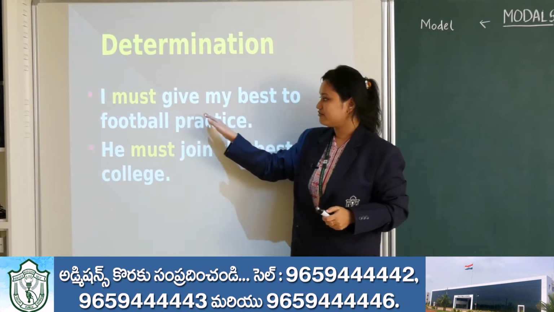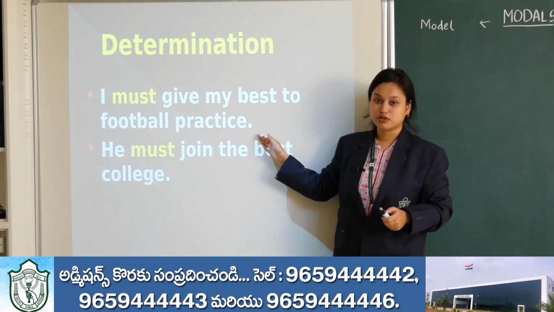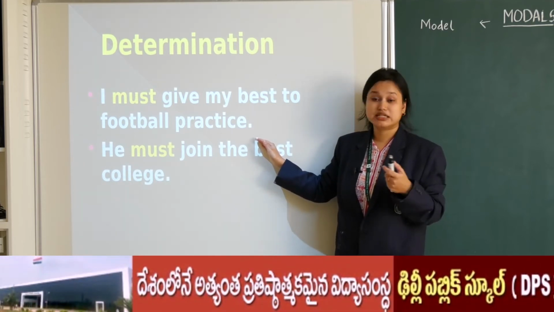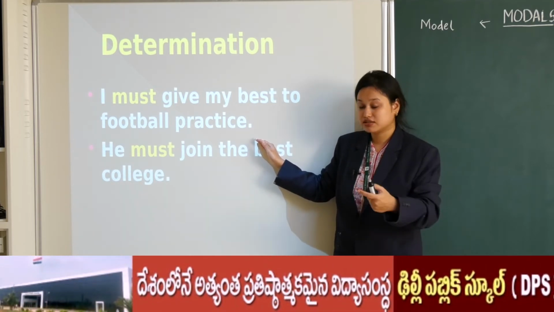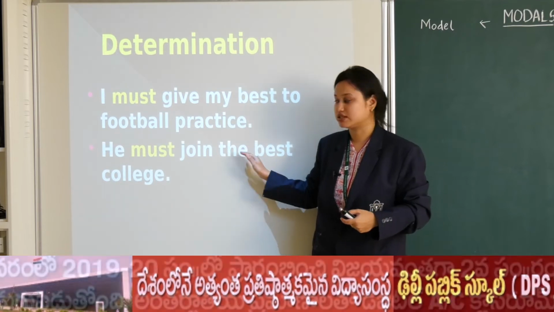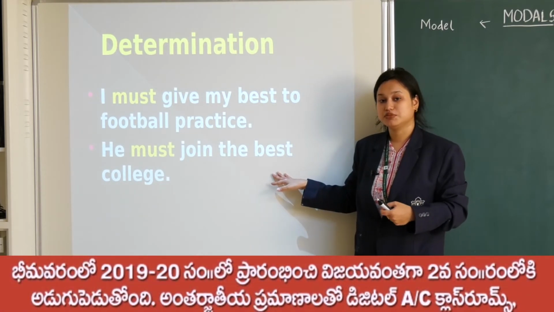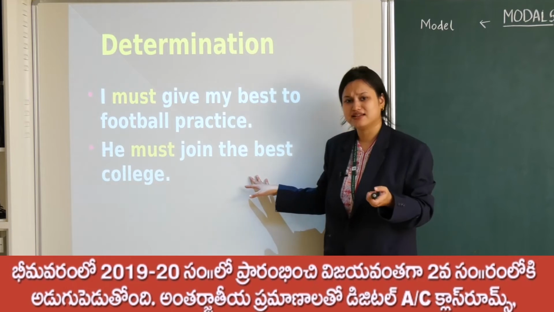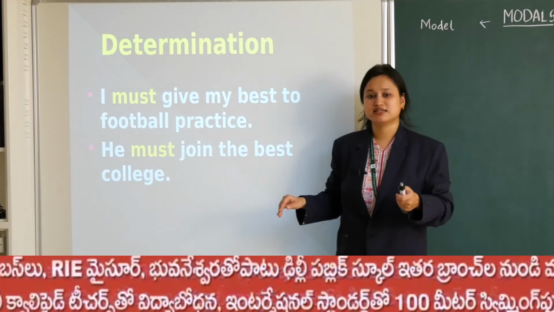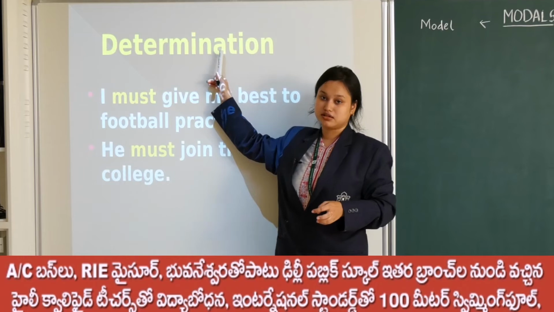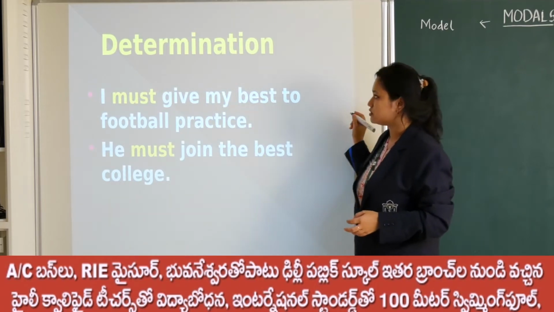I must give my best to football practice, okay, someone is practicing for football, so I must give my 100%, I must give my best to it, right. He must join the best college, okay, determination. Someone's parents are determined that you must pass the entrance and join the best college, right. So must is conveying determination.